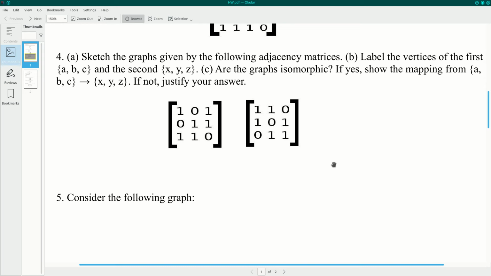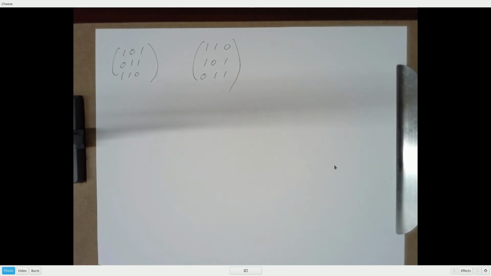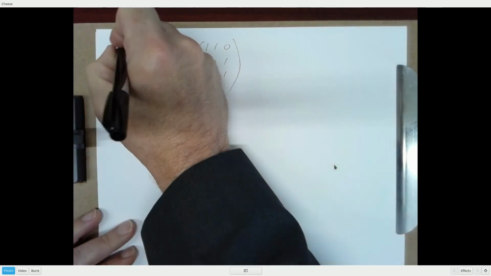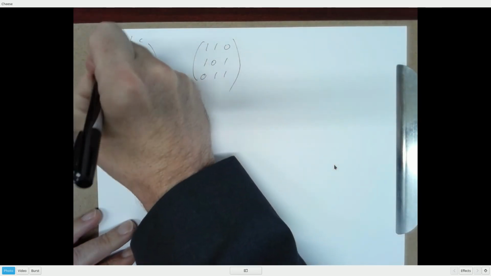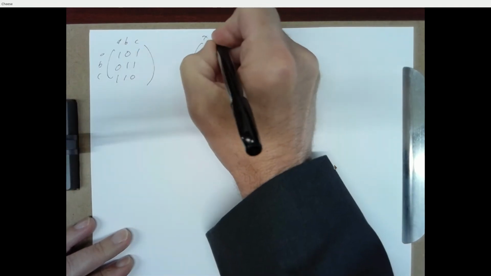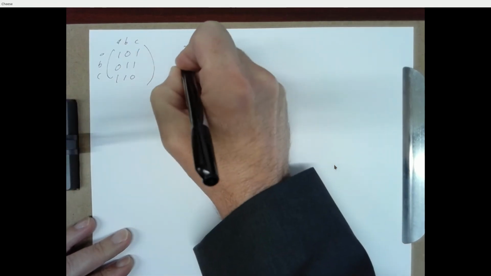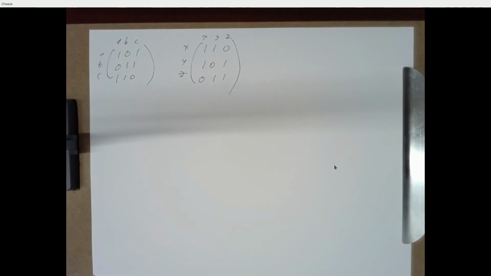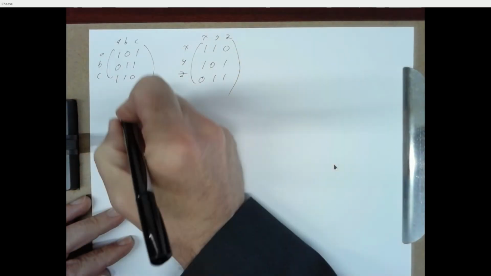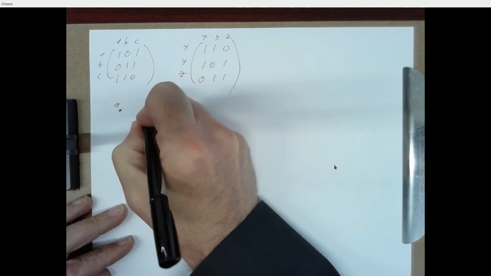And if they are, show a mapping. If they're not, convince me why they're not isomorphic. So we can go ABC, XYZ. Did I do XYZ or WXY? XYZ, good. All right, so what's this first graph look like?